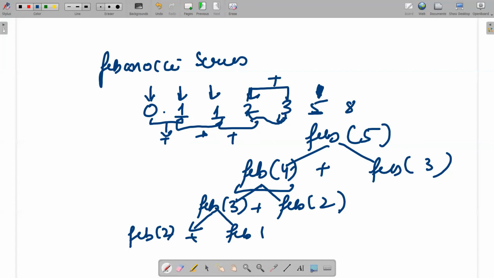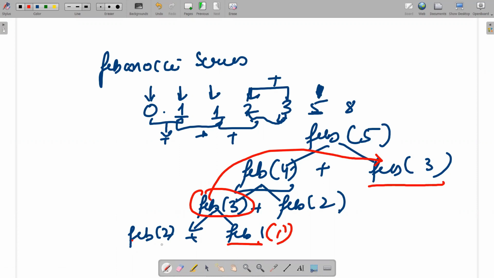Now, the point over here is, what is overlapping? The overlapping is that we are calculating Fibonacci 3 over here. But what if we calculate the answer over here? This answer can be solved in this particular answer also. So Fibonacci of 2 plus Fibonacci of 1.